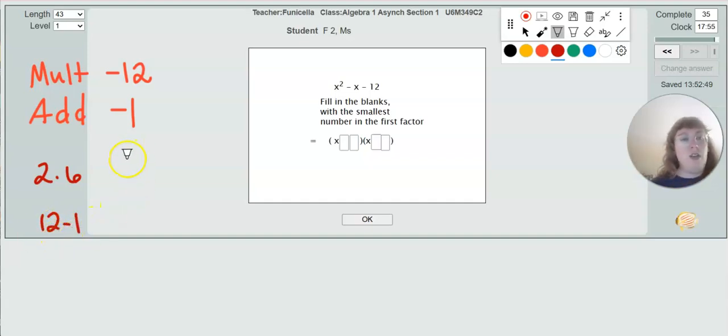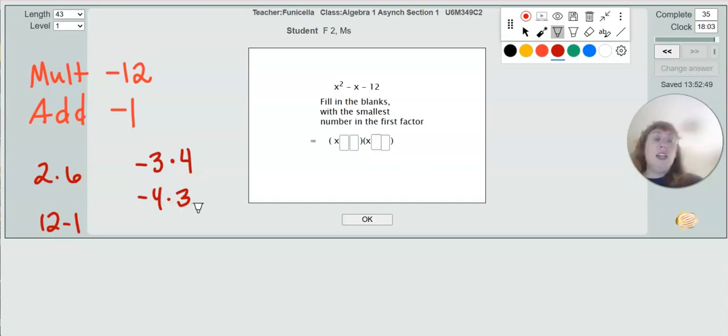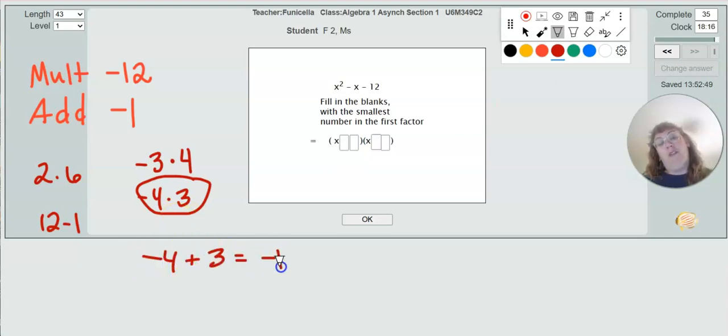That's not going to work. But 3 times 4, whether it's -3 times 4 or -4 times 3, is going to multiply to a -12. And this one is going to add to a -1. -4 plus 3 is -1.